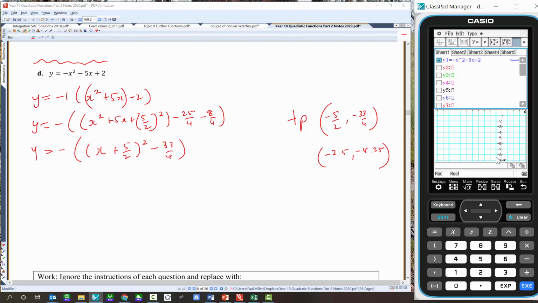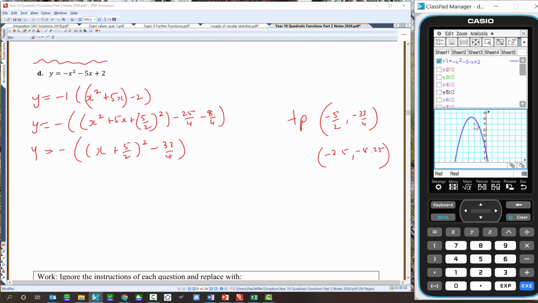So turning point down here somewhere, according to this. Ooh, that's awkward. Turning point is up here. And it looks like it's gone positive at 8.25. This says it should be negative 8.25.